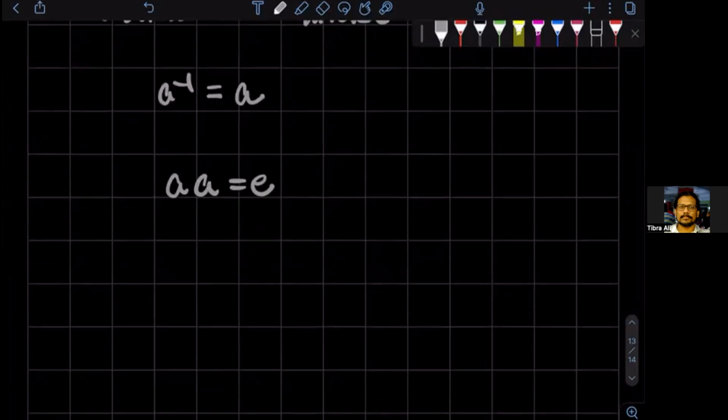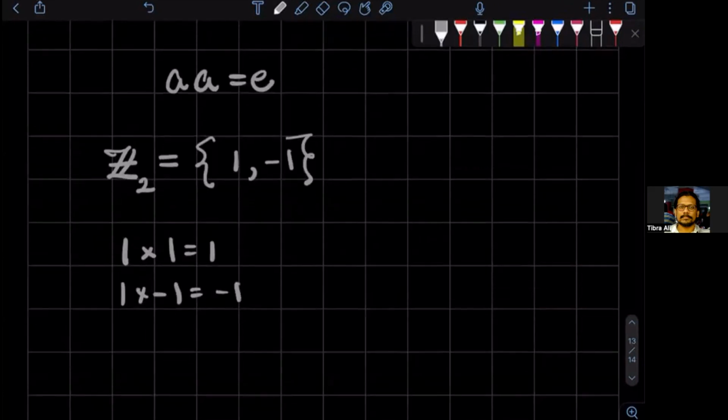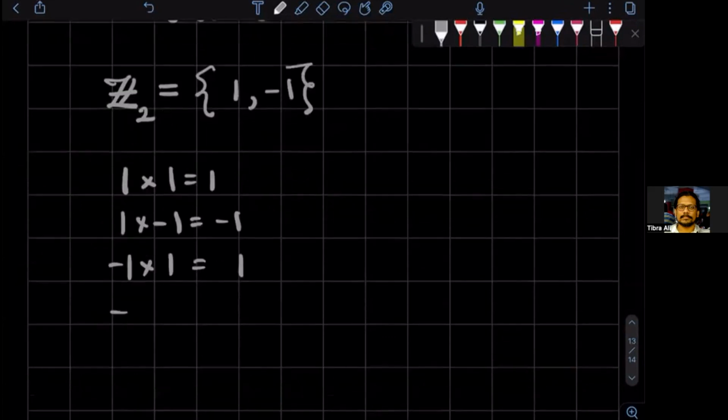So often this group is called Z2, because if I take the set 1 and minus 1, where these are the numbers, 1 and minus 1, then under multiplication, we get 1 times 1 is 1, 1 times minus 1 is minus 1, minus 1 times 1 is minus 1, minus 1 times minus 1 is 1.